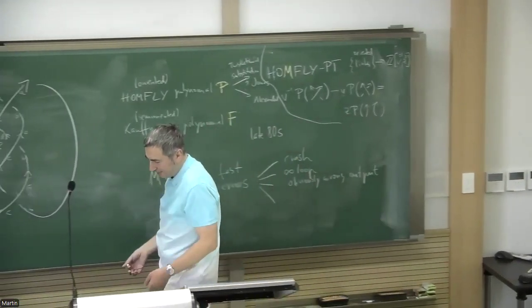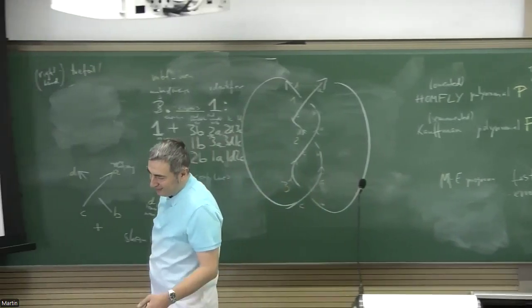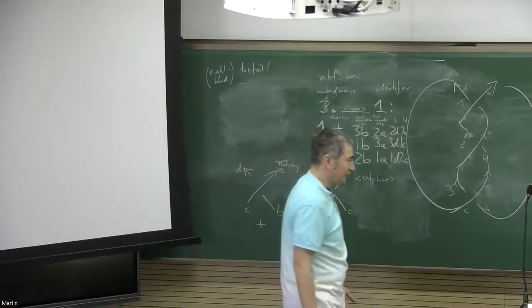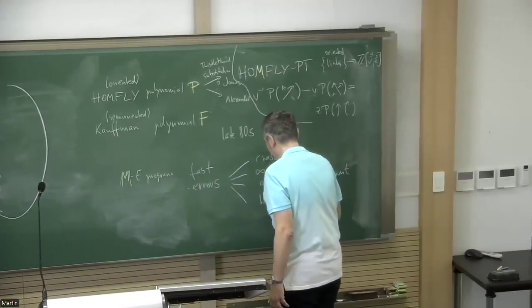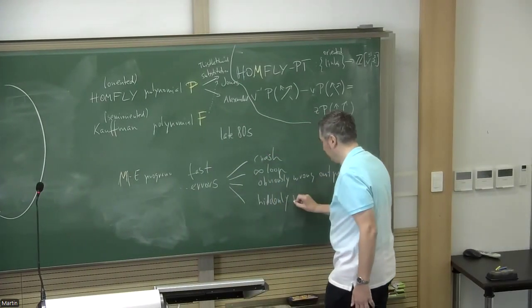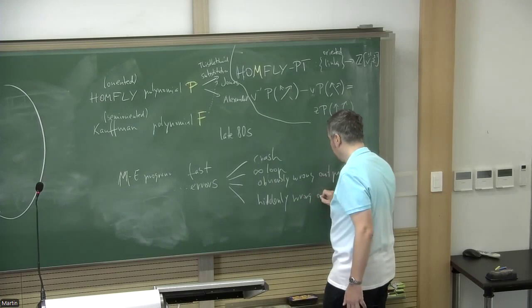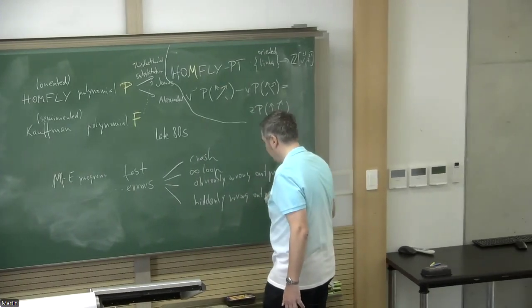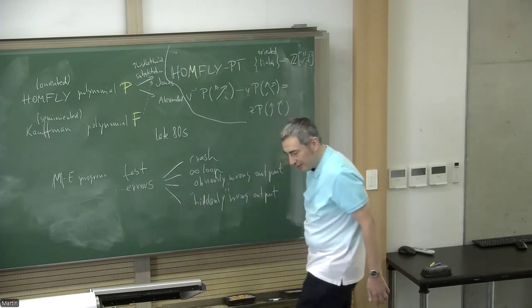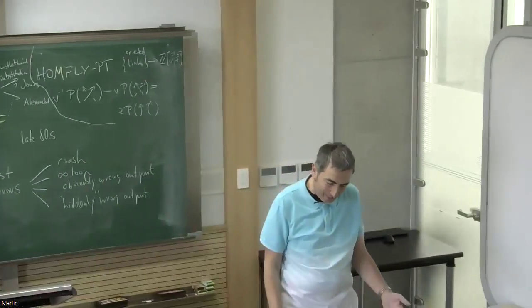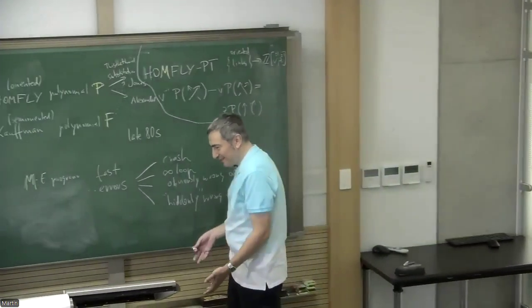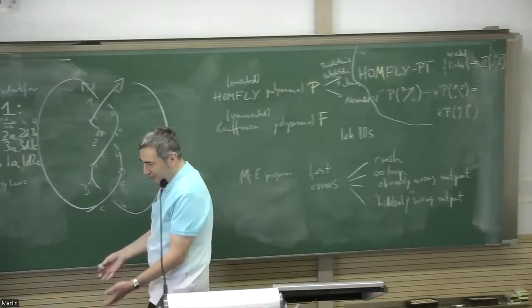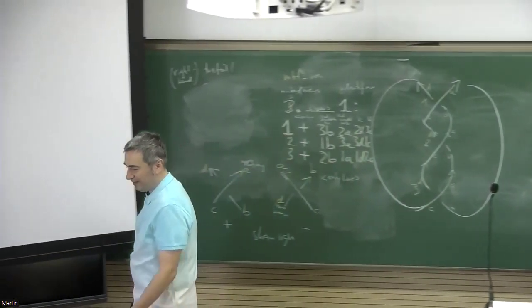So it's useless. But the worst of all is when you get hiddenly wrong output. Hiddenly means something which looks to be right, but there's still something wrong with it, and it's not easy to see.